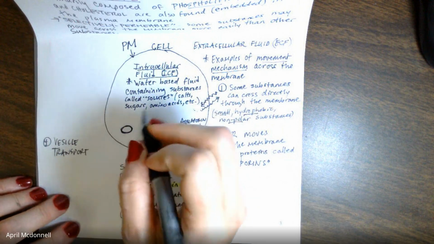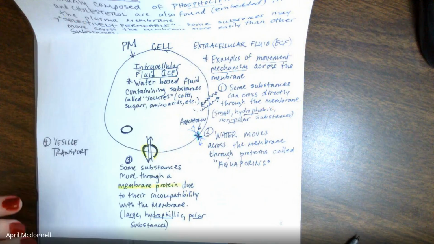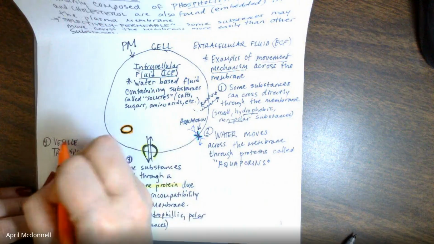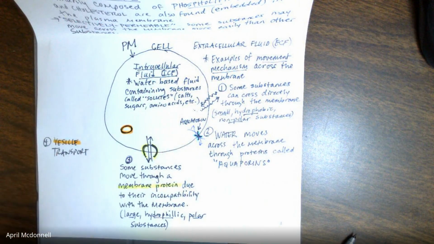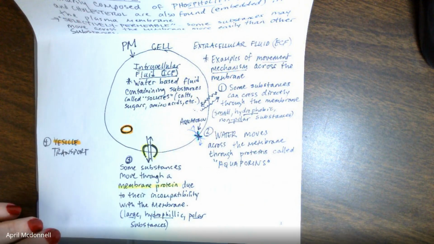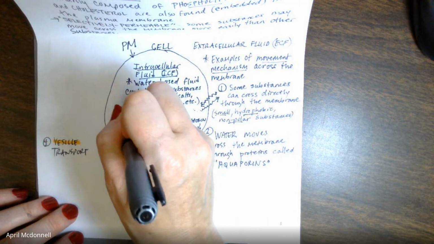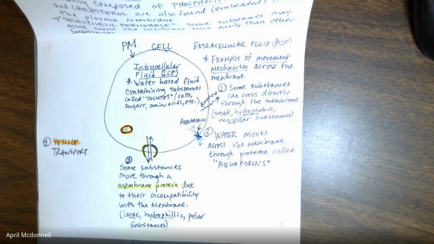A vesicle is like a little round pouch in the cell. This is my vesicle. And the vesicle contains substances. I'll just put some dots inside of the vesicle indicating that the vesicle contains substances.